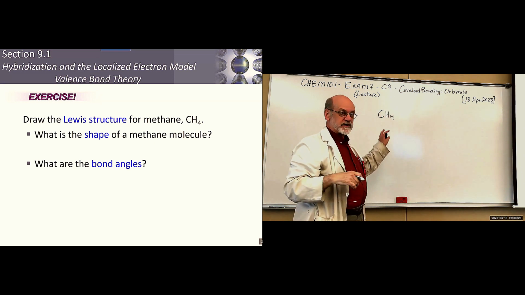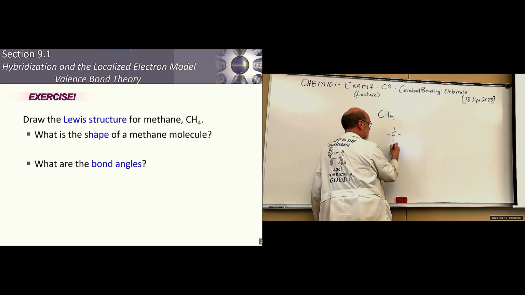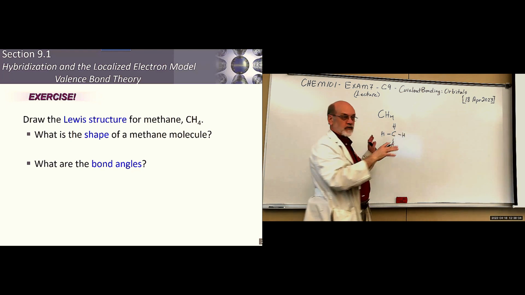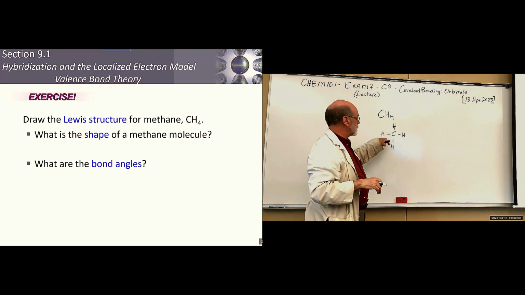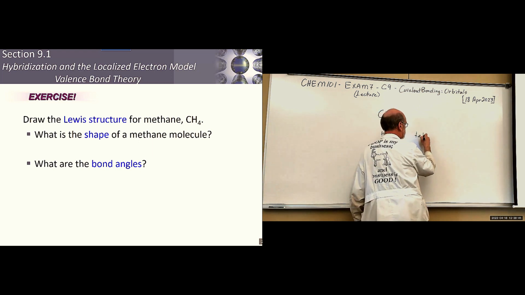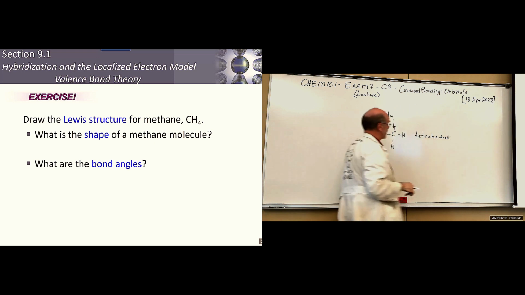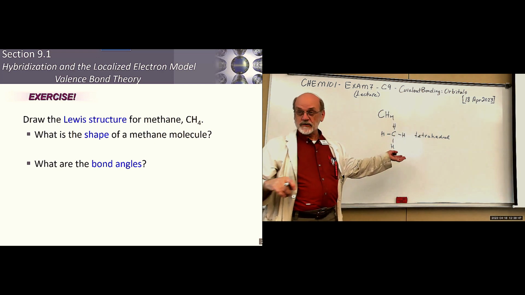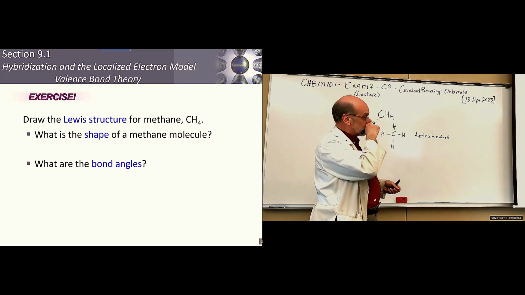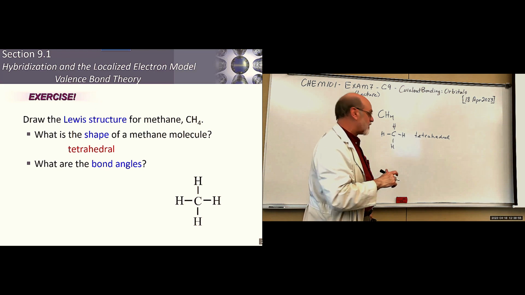We know that it's going to predict a structure for this one because if we draw the Lewis structure, and there are no lone pairs, this predicts a tetrahedral structure. Okay, and that's true. Experimental evidence does say that this is a tetrahedron, right? And what are the bond angles?